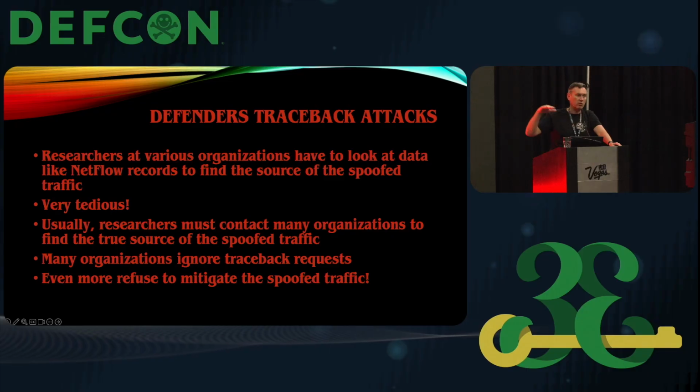Then you see it came from this other upstream ISP, so you need to contact them and say, would you please look into your logs and see if you can figure out who sent that? Was it on your network or was it someone behind you? This is kind of a manual process. It's very tedious. We have been making some progress at this.